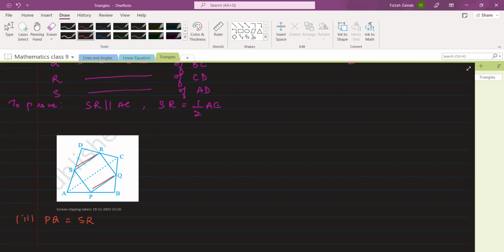In part 1, what we have just shown is that SR is parallel to AC, and also SR is half of AC. Let us call it result number 1, already proved in part 1.